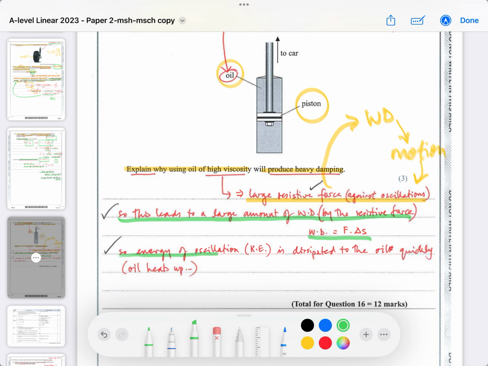So energy of the oscillation, the kinetic energy, the motion, is dissipated by this work done, by this mechanical energy transfer to the oil quickly. And eventually that will mean that these frictional forces will cause the oil to heat up. So basically you're converting kinetic energy into thermal energy in simple terms.